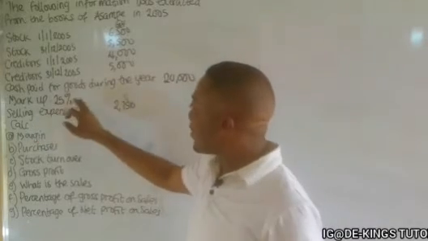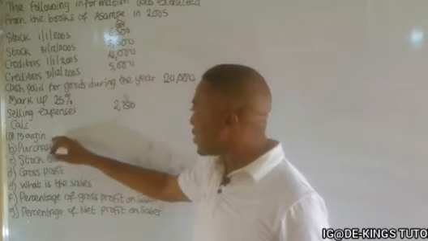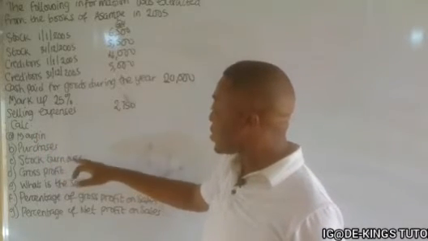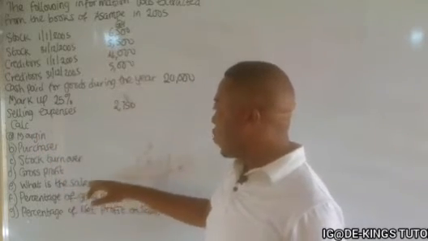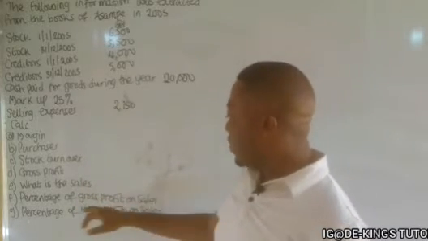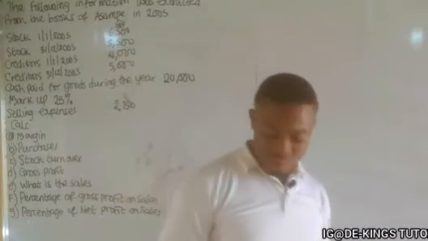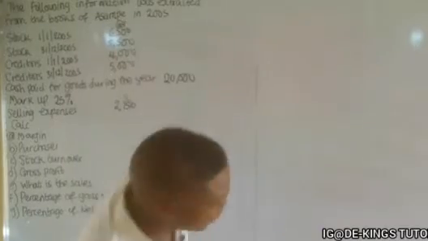Markup is 25%. Selling expenses, 2,750. We are asked to calculate margin, purchases, stock turnover, gross profit, sales, percentage of gross profit on sales, and percentage of net profit on sales. Okay, so this is extended from what we've seen before.